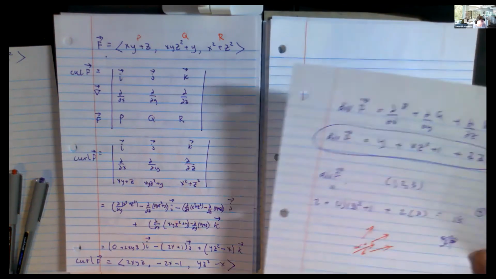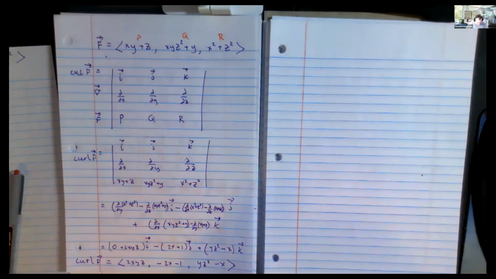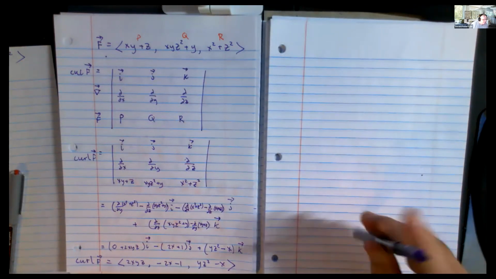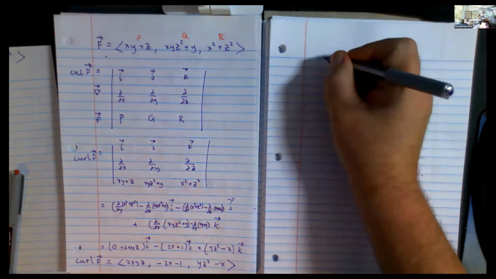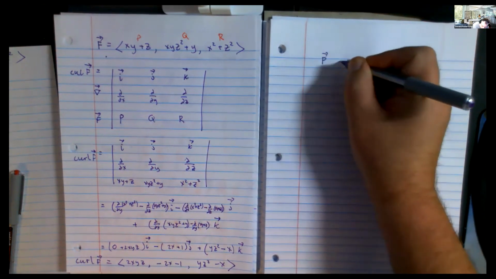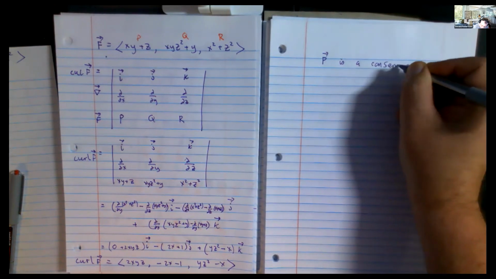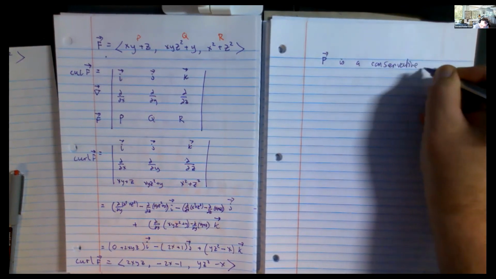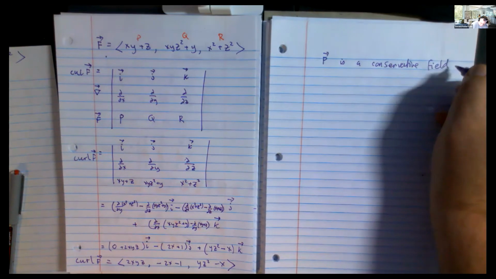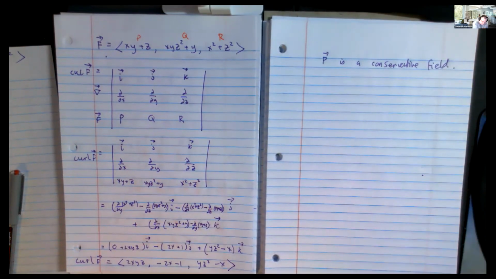Now, a very, very interesting property that we have met before, but only in 2D. F is a conservative field.